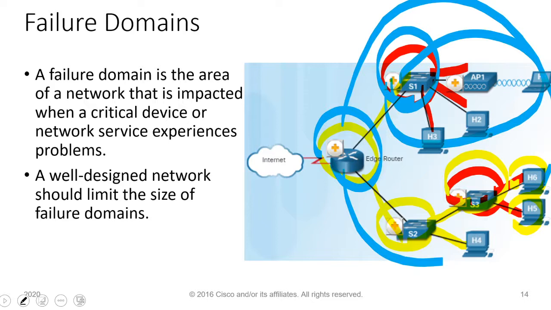And what we would ideally want in a network is to limit the size of failure domains. So we don't want many things failing just because one equipment failed. We want to minimize how many things are affected by the failure of a single device. So that is one of the main things that we will want to do in a well-designed network.